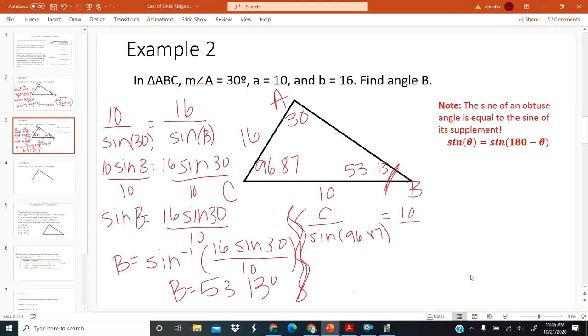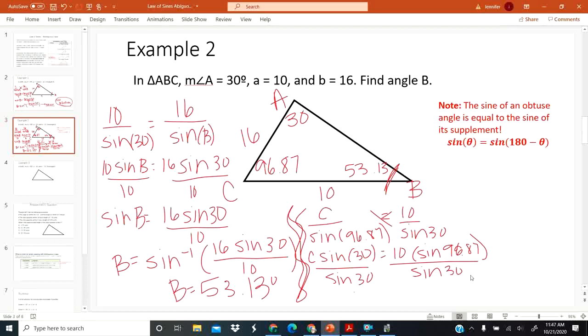So we'll use 10 over the sine of 30. So this time when we cross multiply, we'll get C times the sine of 30 is equal to 10 times the sine of 96.87. And I'm going to divide by the sine of 30.